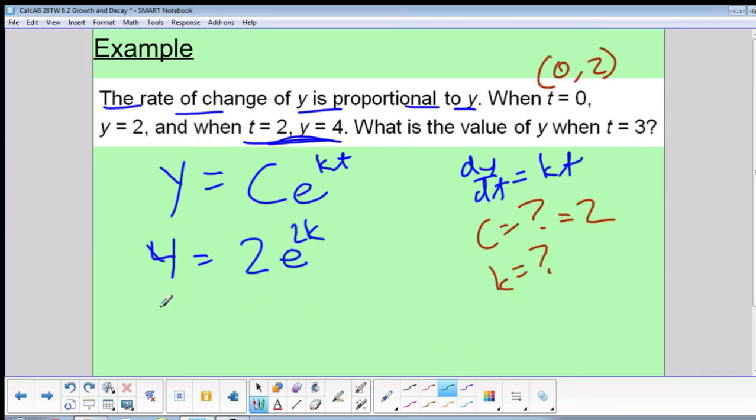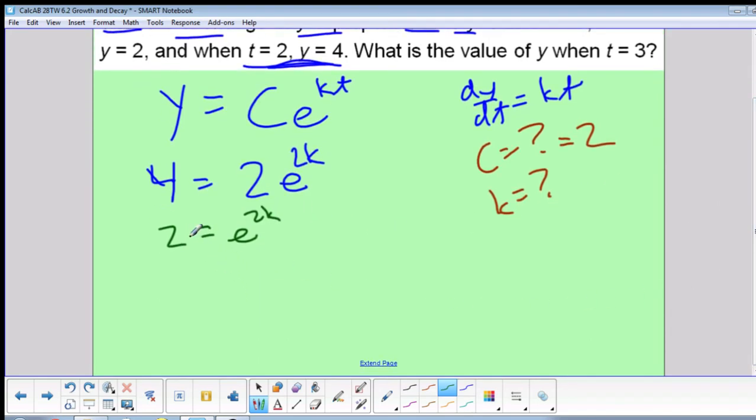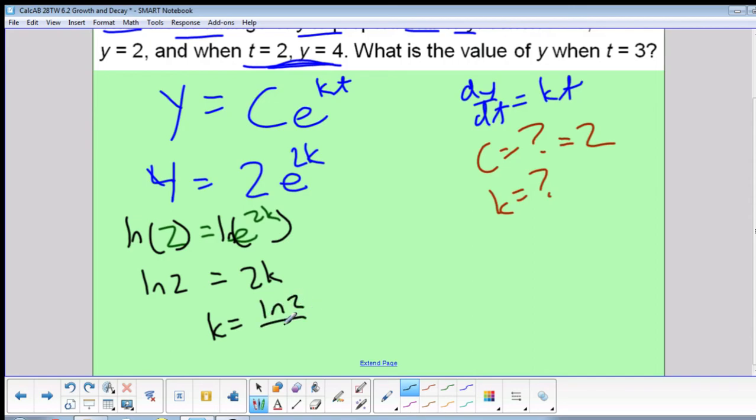Divide by 2 on both sides, I will get 2 equals e to the 2k. And this is where you can use some logs, or convert to, I'm going to ln both sides of the equation. So ln of 2 and ln of 2. When you ln an exponent e, that becomes 2k. So ln of 2 equals 2k. And then I can say k equals ln of 2 divided by 2.